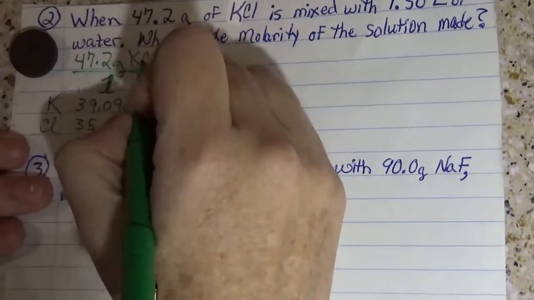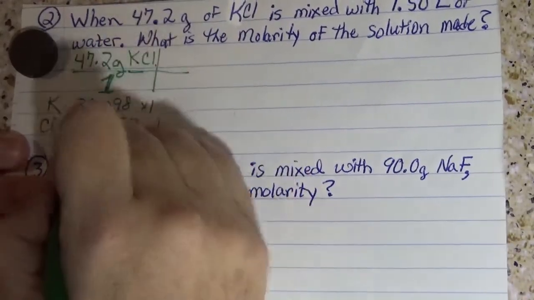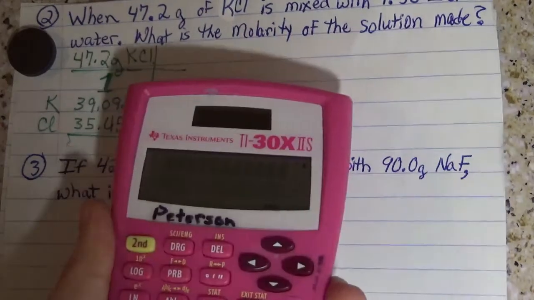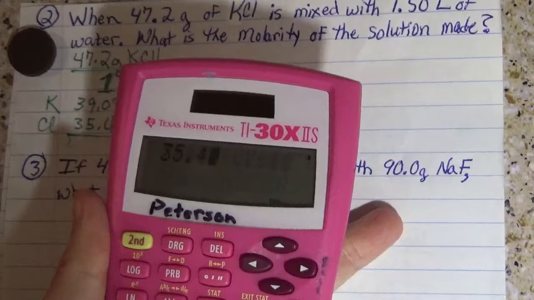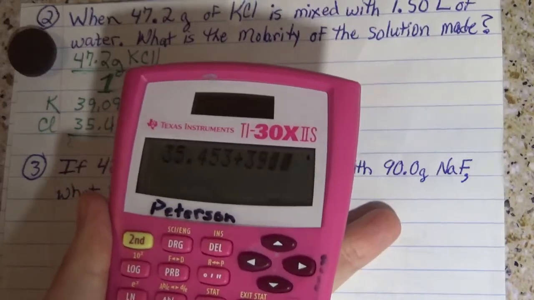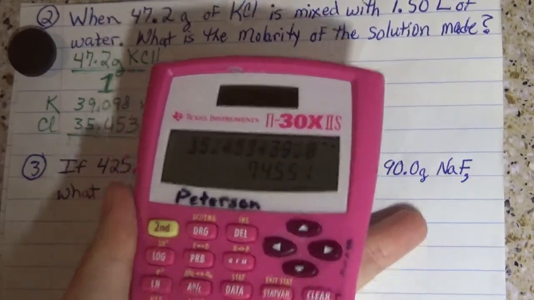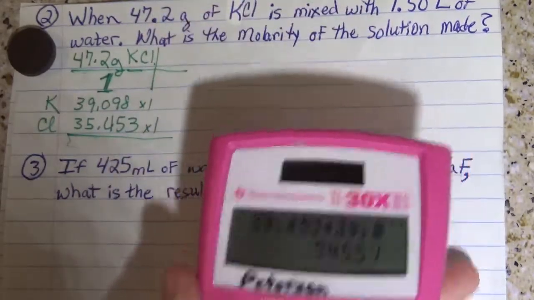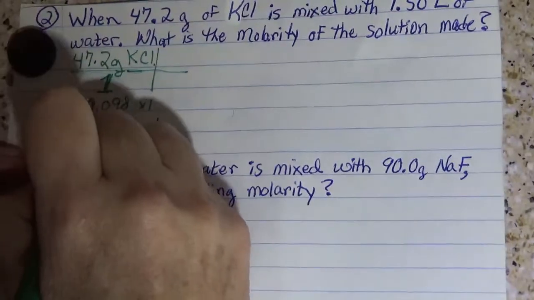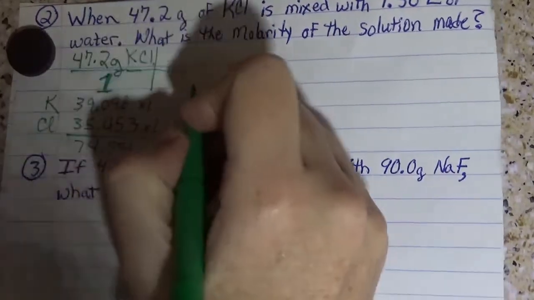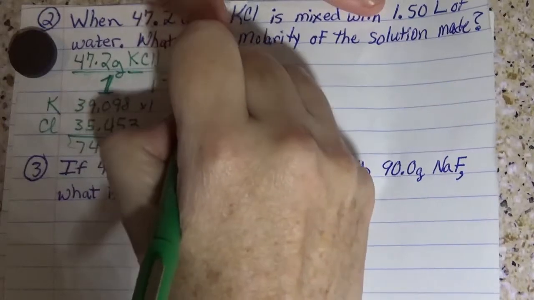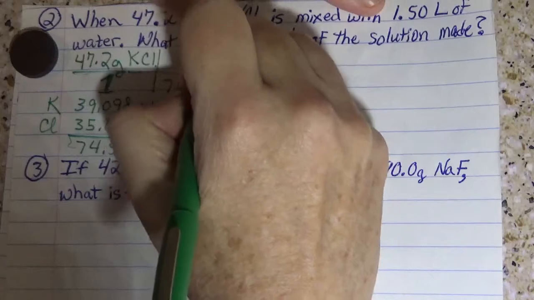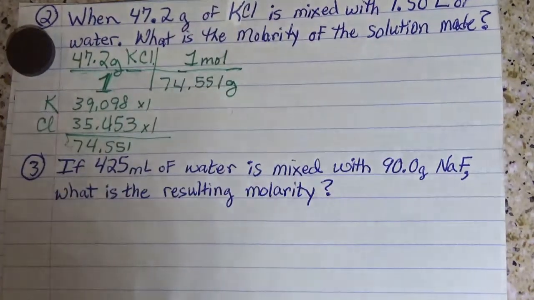We notice there is 1 and 1, so add them together. 35.453 plus 39.098 equals, do not round it, I'm not rounding it either, 74.551. There's the molar mass, 74.551. That's how many grams make 1 mole of potassium chloride.